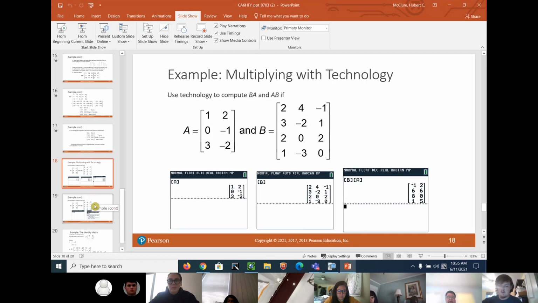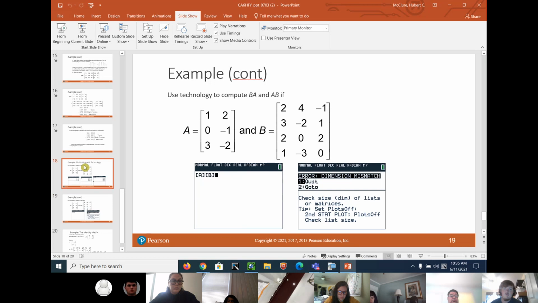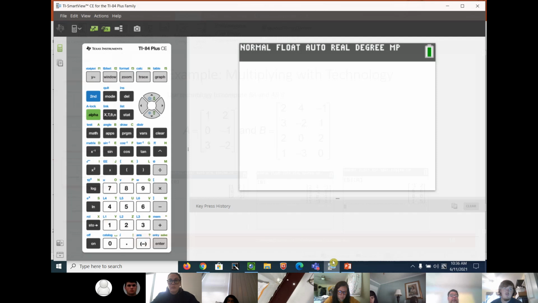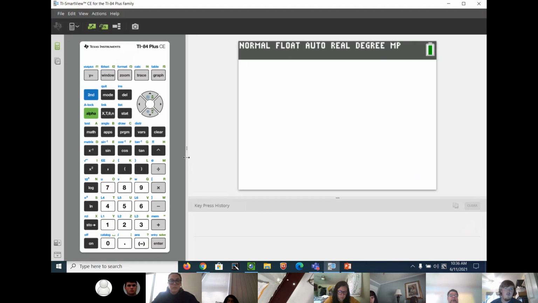So let's see. Here's where they show you how to use your calculator. And I really don't know. I don't think they actually show you. No. Let's look on the calculator and see. I don't know if my memory will help me or not here. I think it's under math, if I'm not mistaken.